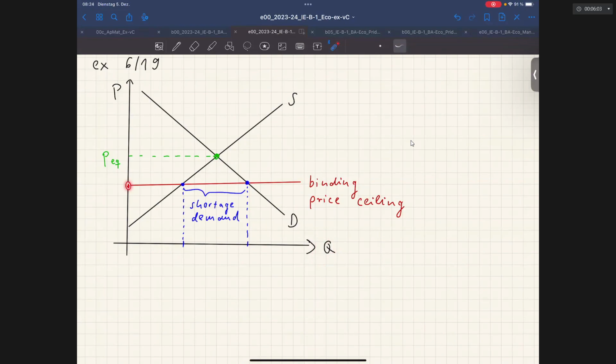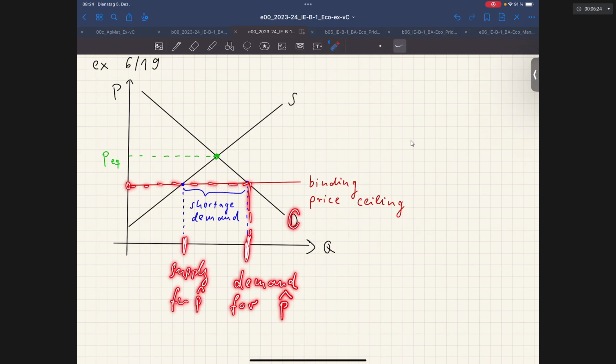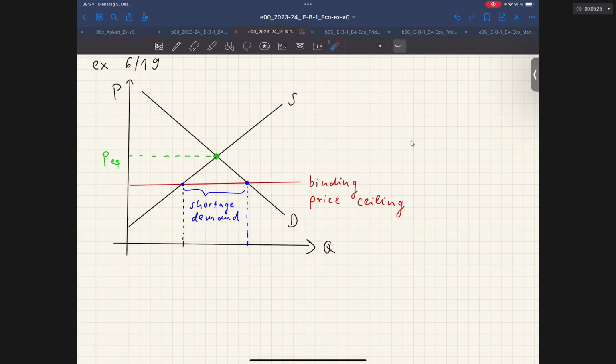Quantity-wise, for that price, that amount is demanded here. That's the demand for P hat, the price ceiling. And this here, that's the supply for P hat. And in between is the shortage demand.